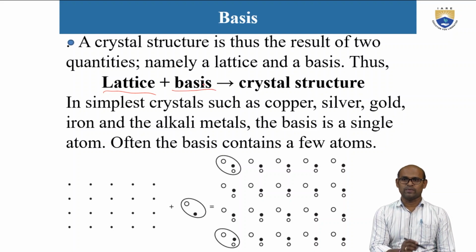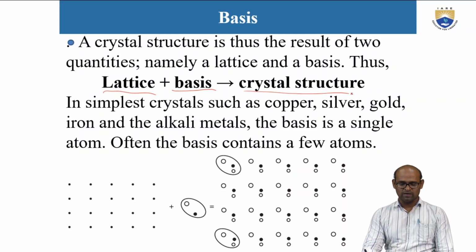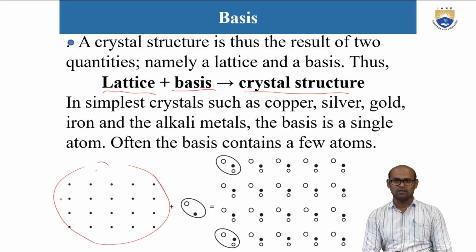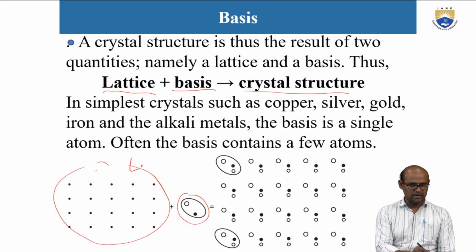So lattice plus basis gives us the crystal structure. That is what I have discussed here: this is the lattice, which we generated using translation, and then we attached a basis.